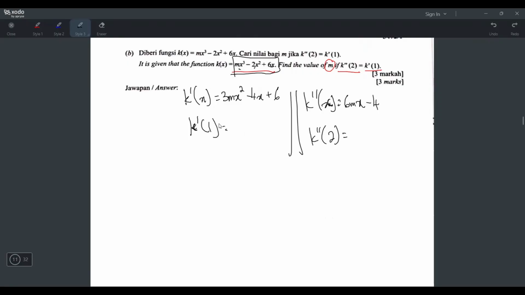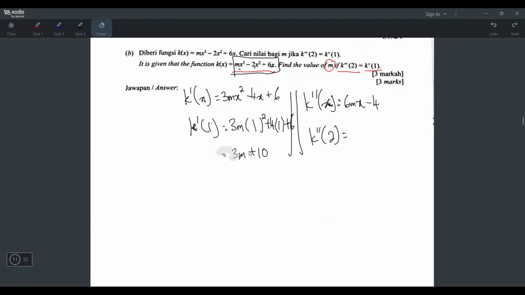Okay, k prime 1 will be what? You just substitute x with 1. So 3m bracket square plus 4 bracket plus 6, and this would be 1, 1. Wait, I feel like I made a mistake. Oh, this one is minus.